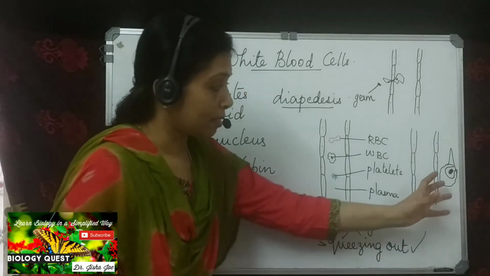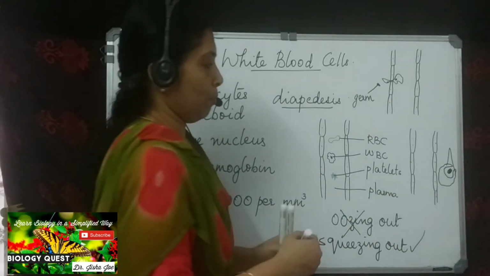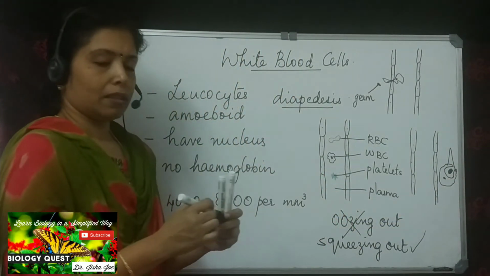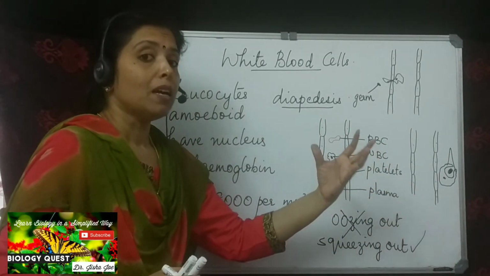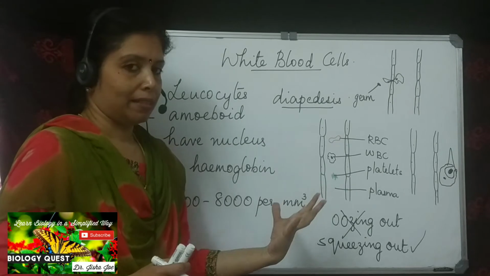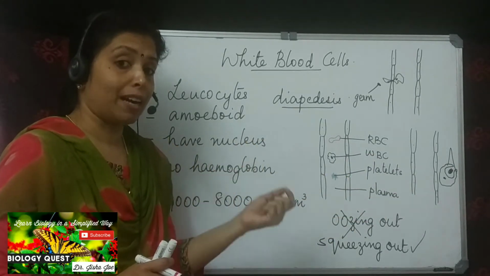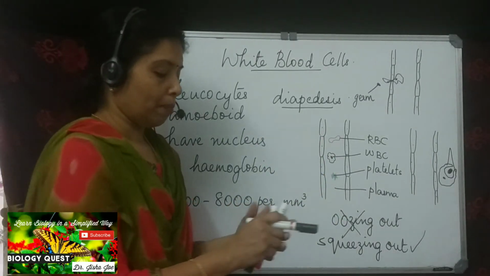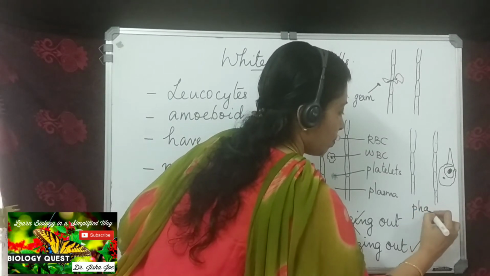You can see the disease causing germ has been engulfed by the WBCs. So that is the nucleus there. And the germ or the foreign body will be engulfed and digested and destroyed by the WBCs. This process of engulfing the bacteria or the disease causing germ is called as phagocytosis.